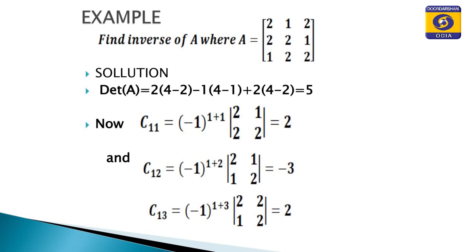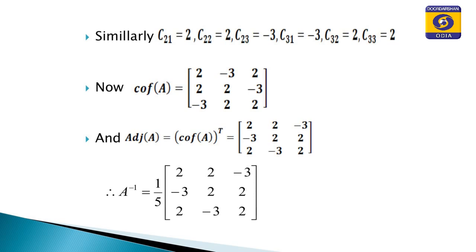Then we have to find the minor matrix, and then the cofactor matrix. The cofactor matrix is nothing but the minors with proper sign. Hence, C11, that is the cofactor of 2, becomes 2, the cofactor of 1 becomes minus 3, the cofactor of 2 becomes 2.